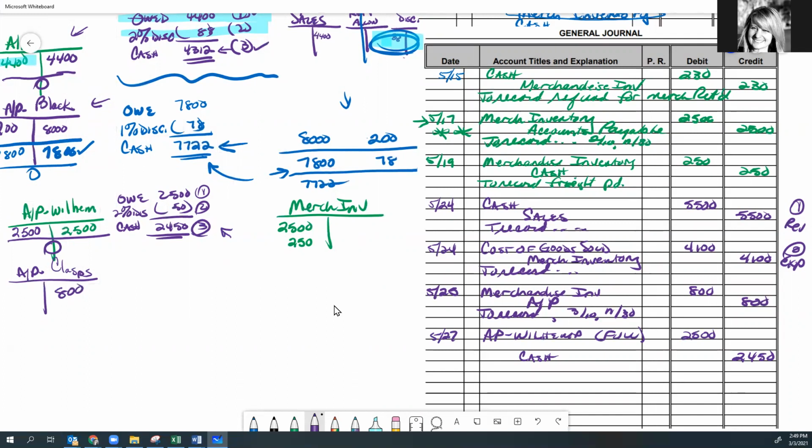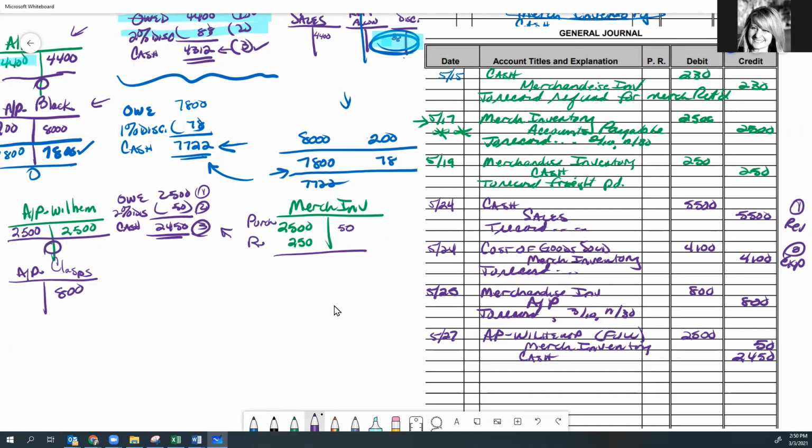Okay, so we need an additional credit here for that to balance. And as we said before, what we want to do is to credit our merchandise inventory. So we're going to credit our merchandise inventory for $50 and make it go down. So let's put our credit here to merchandise inventory. And now our merchandise inventory, remember we did have this was our purchase, and then we had a return.